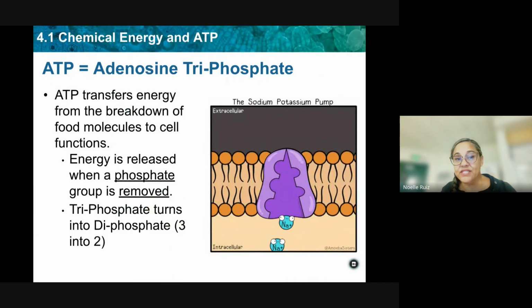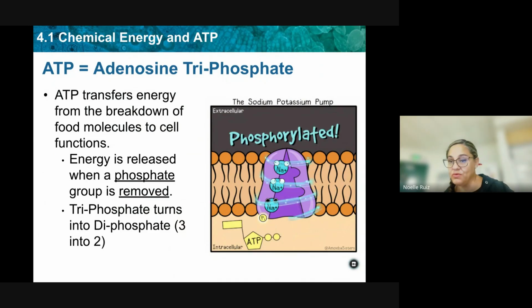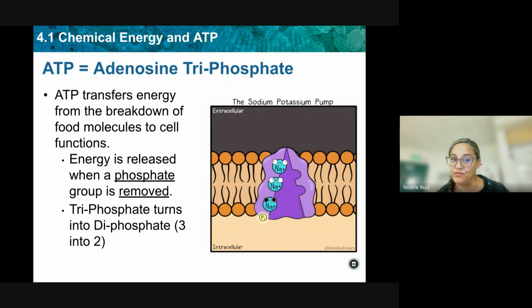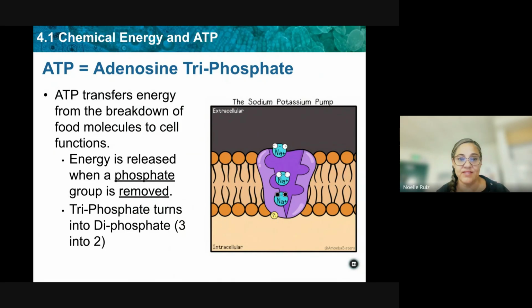And ATP transfers energy from the breakdown of food molecules to cell functions. Energy is released when one of those phosphate groups is removed. And triphosphate then turns into diphosphate, 3 to 2. So you can see in the GIF, we'll let it start over for a minute.